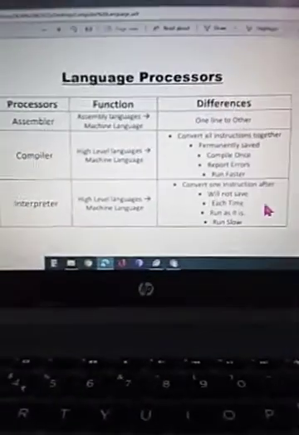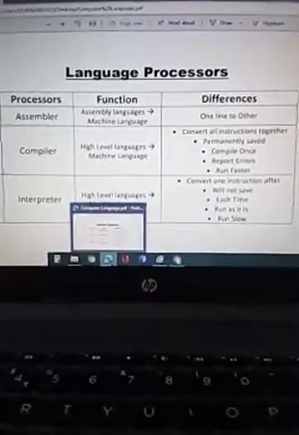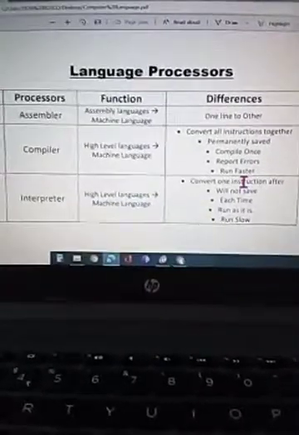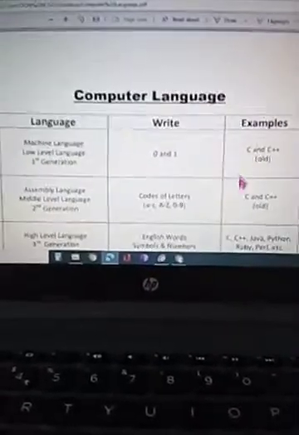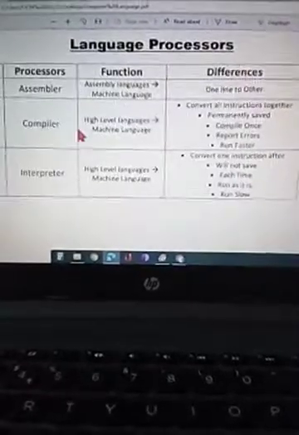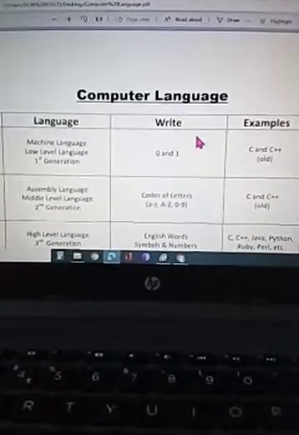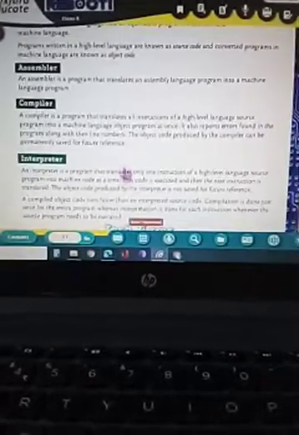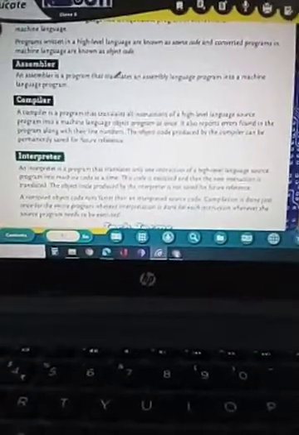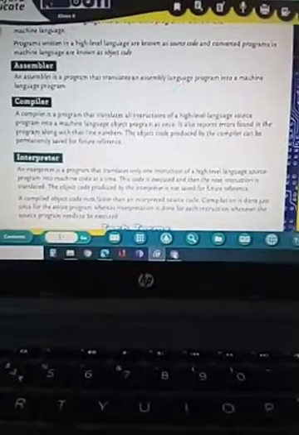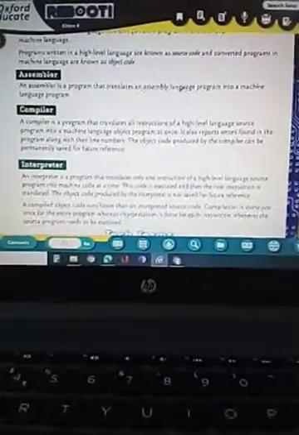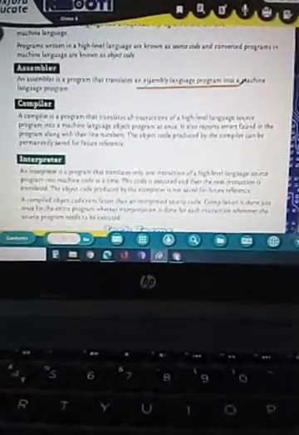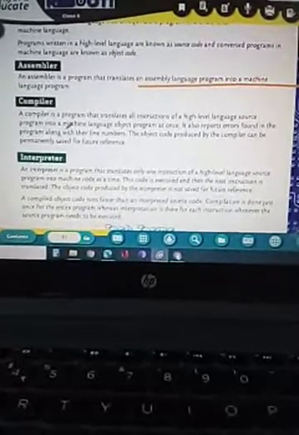So this table will be there in the study materials. You go through it, and the two tables are there: the difference between processors, and languages. You can read the textbook and underline. And a few points I will say to underline. Please underline: assembler is a program that translates assembly language into machine language.